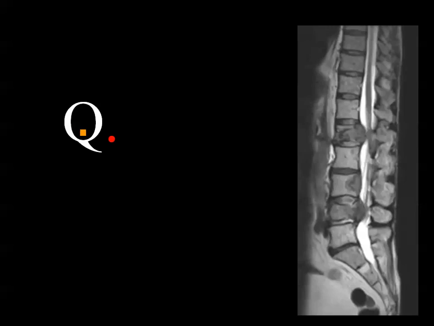This is MRI of the spine, the lumbar spine, T2 weighted image. Multiple lesions in L4, L3, and L1.